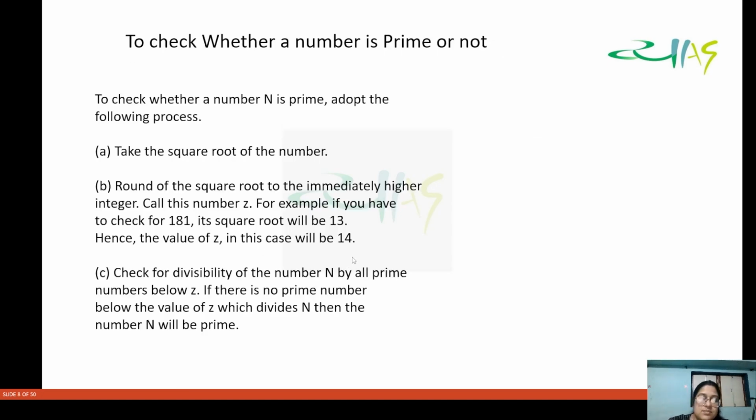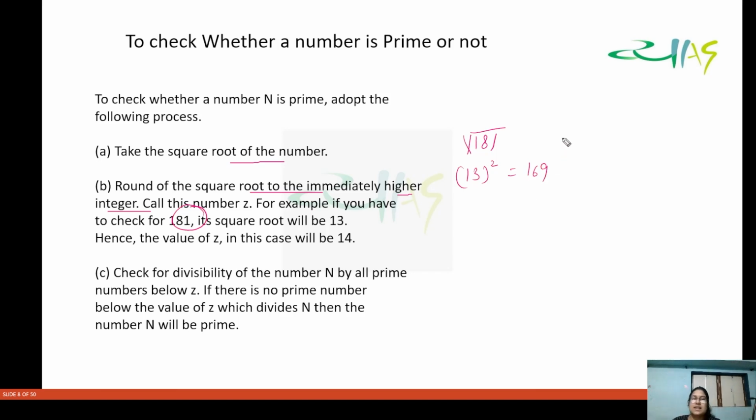Okay. Now see, to check whether a number is prime or not, what you have to do is take the square root of that number, and then round the square root of that number to the immediately higher integer. So basically, in this example, we have 181. Okay, take the square root of this number. Now see, we know that the square of 13 is 169.